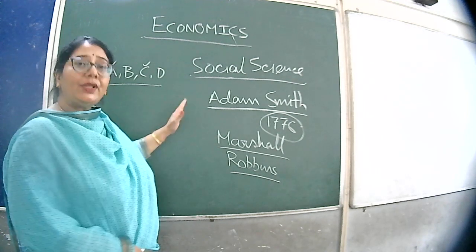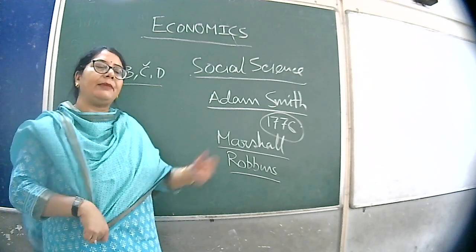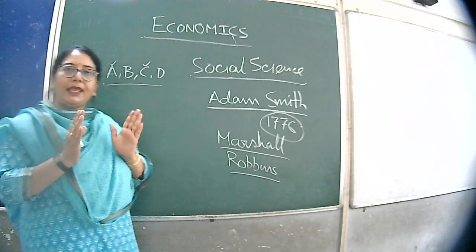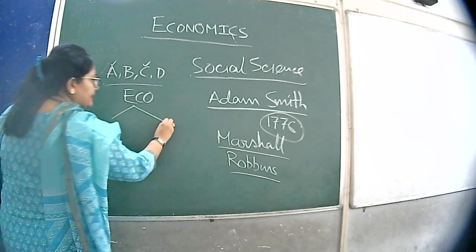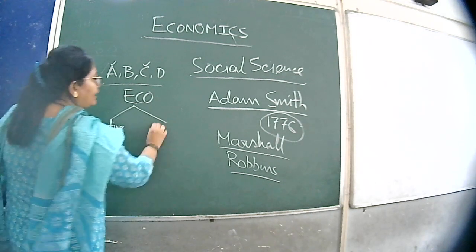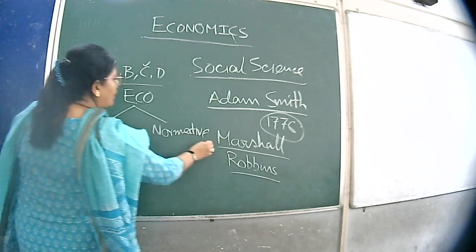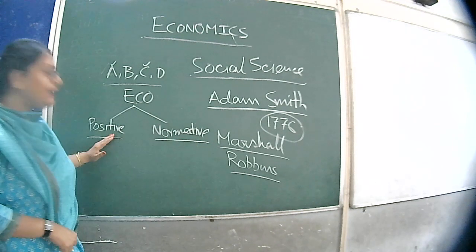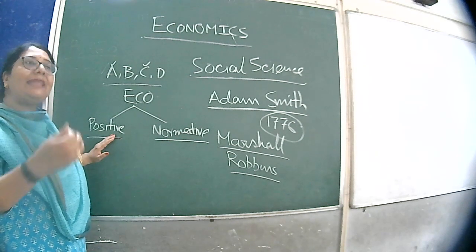Now, I come to the next point, that is how the subject economics can be divided. Boys, broadly speaking, economics can be divided as positive economics and normative. Positive and normative. Now, what is the difference? Positive economics implies that I am describing what it is.